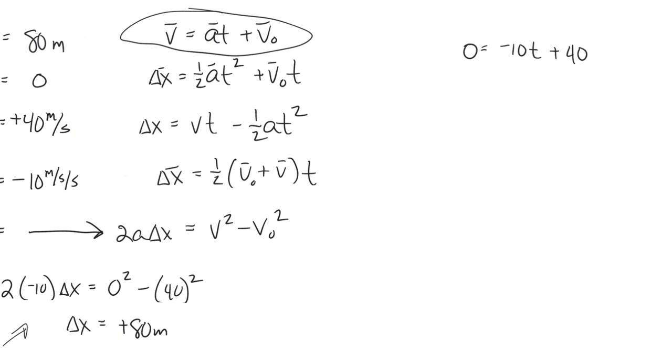Looks like it's going to be 4 seconds. If you done your math right, time comes out to be positive. All right? Not hard? I don't think this is tough.